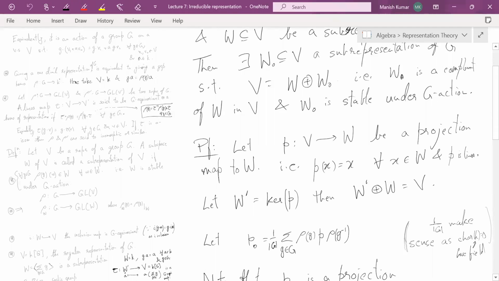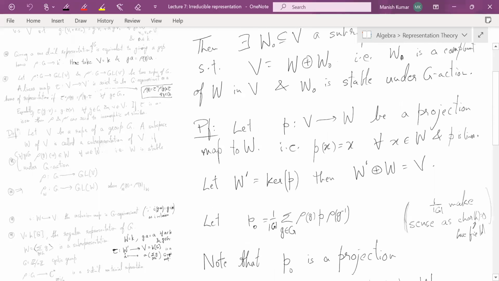So you consider a different projection map, and we'll see that this is in fact a projection map. What you do is conjugate this linear map P by rho G. So you define this component: rho G inverse is a map from V to itself, then P will send it to W, and then you apply rho G. Since W is a sub-representation, that gives you an element in W again.